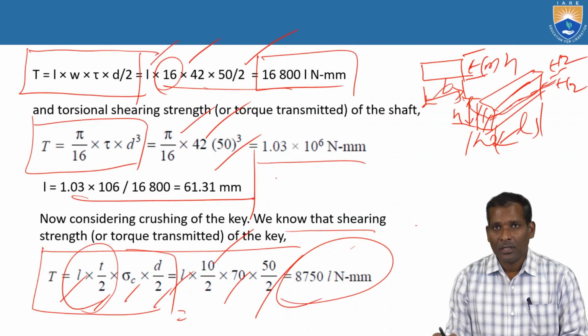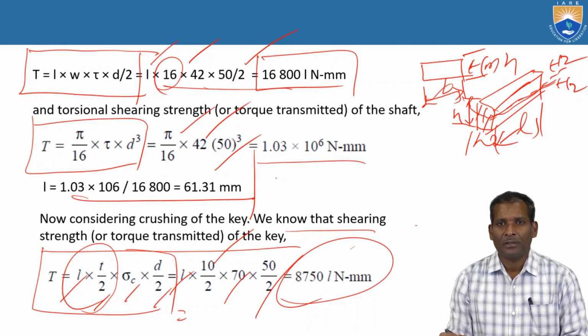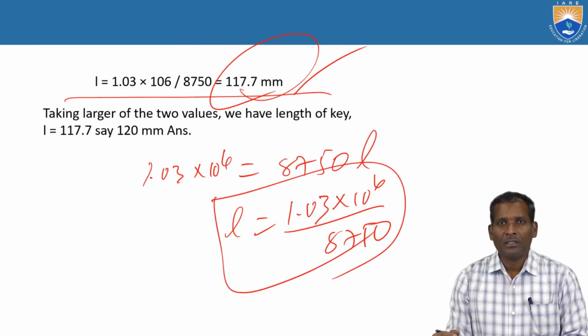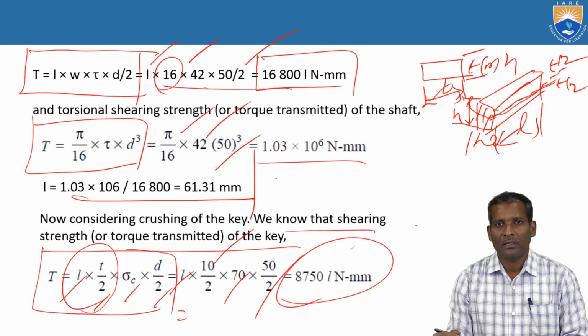So now we have two values. One is obtained from shear strength, another one is obtained from crushing strength. So take the larger value of the above two calculated values. In the second case 117.7, and in the first case L is equal to 61.31.